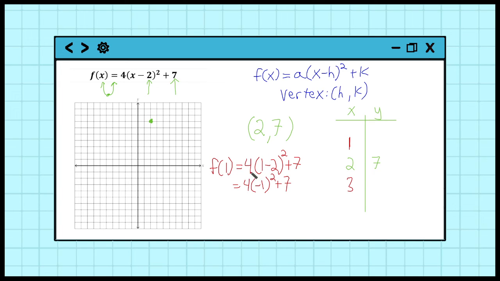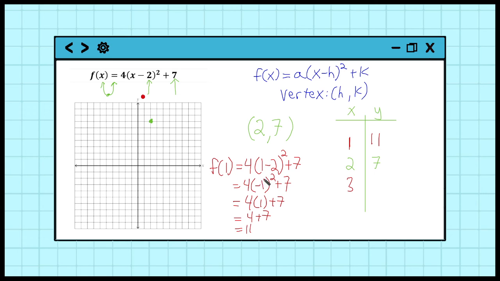So type this all in like this, if you can. Negative 1 squared is 1. 4 times 1 is 4. And 4 plus 7 is 11. So we know that we have the point (1, 11). Which is just off the graph the way that I have it here, but it's close.